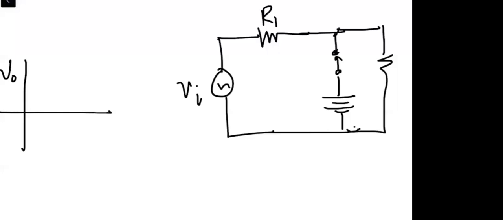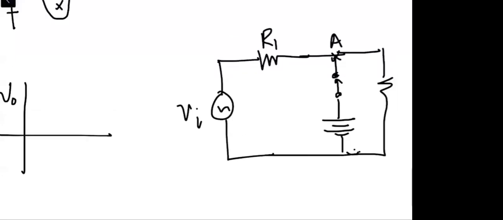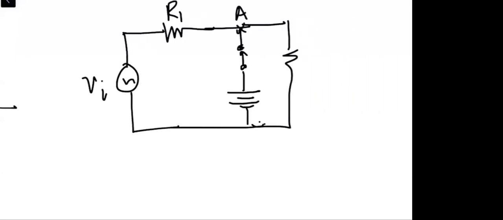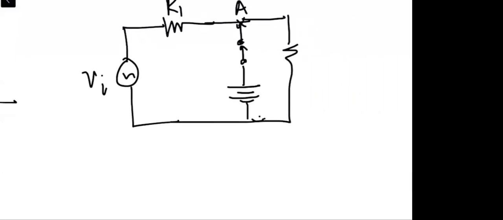And the potential here at A is rising as the input rises. So the output which we are taking across RL is being held at a value equal to V bias.